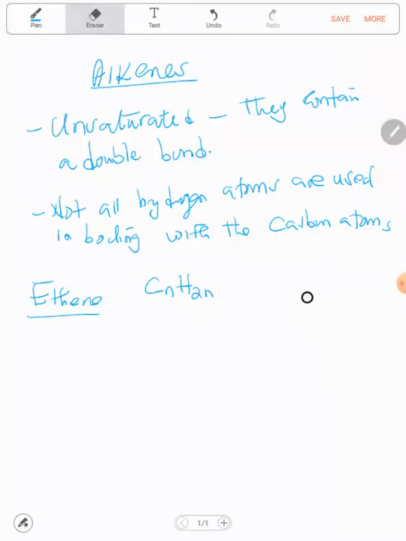I hope that clears it up. So ethene has 2 carbon atoms, which gives you 4 hydrogens. The structure is this. This is the structure for ethene.